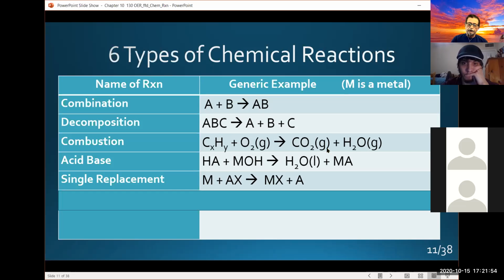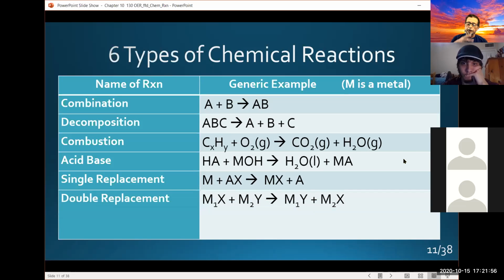Now, the last reaction is called a double replacement reaction. Now, if we look at this, we see we have this pair here where we got M1, which is some metal. Both of these are ionic. First point is this: both of the reactants, M1X and M1Y, are soluble in an aqueous solution.